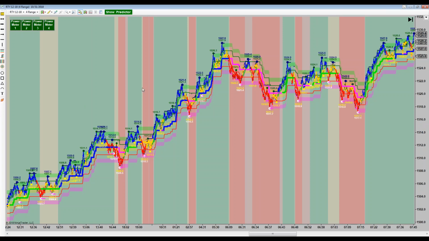Circling it with my cursor. Before we get started, we all know that there are 3 possible conditions for a market to be in. It's either going up, going down, or going sideways. Up, down, or sideways.